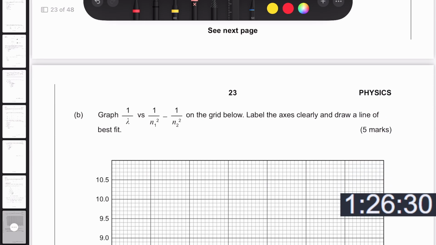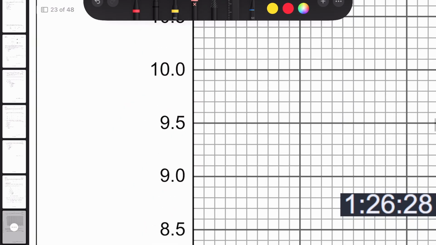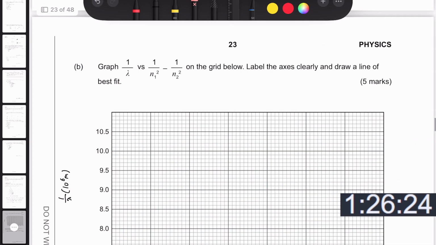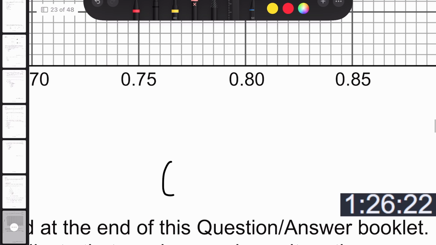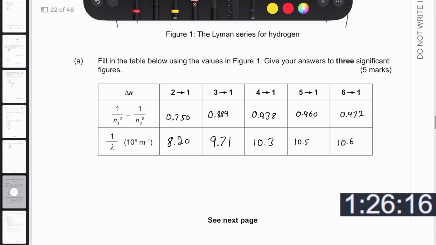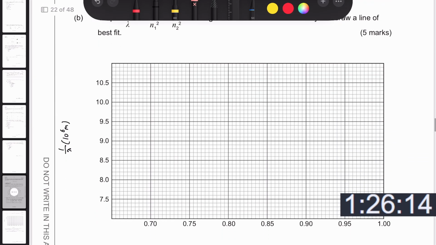Label the x-axis. So this is 1 on lambda, in 10 to the power 6 meters. And this value here is going to be 1 on n1 squared minus 1 on n2 squared. So let's plot 0.75 and 8.2.